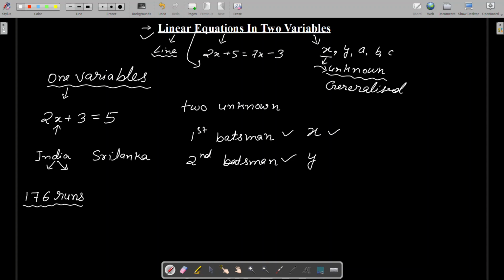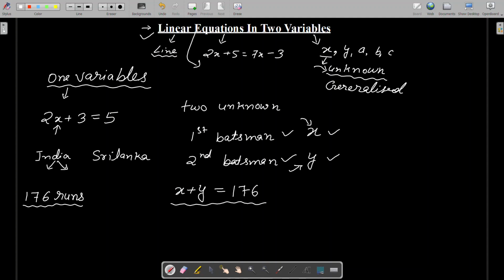If I have considered that the runs scored by batsman one is x and the other one is y, we can represent that together. That means x plus y, they scored 176 runs.